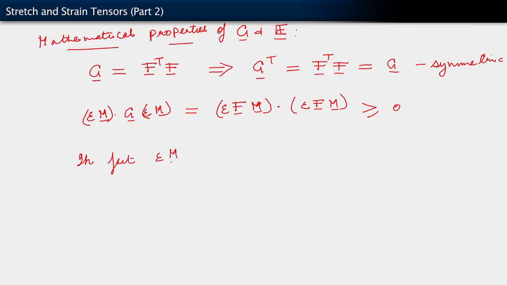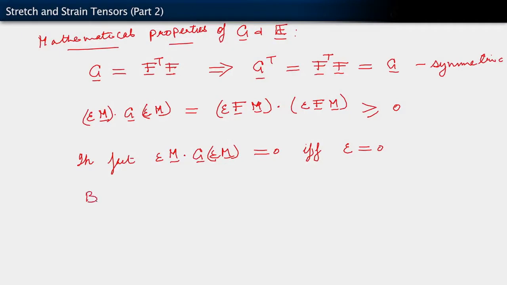In fact, epsilon m dot C epsilon m is equal to 0 if and only if, and that is written as that symbol IFF, right? Epsilon m dot C epsilon m is equal to 0 if and only if, what? If and only if epsilon itself equals 0, right? But if epsilon itself is equal to 0, it means that the original vector that we were testing here was of 0 magnitude anyway. That's the only situation under which this quadratic product would turn out to be 0. There's a special name for tensors of this type, for tensors C of this type.